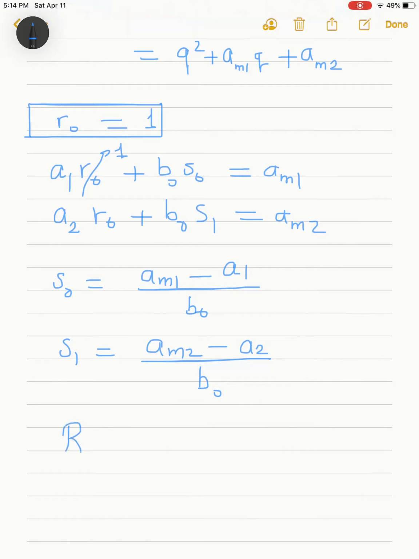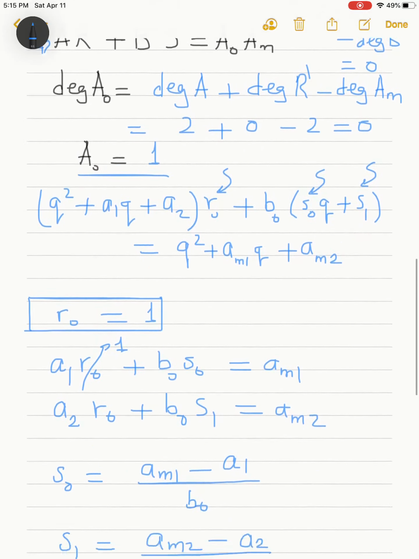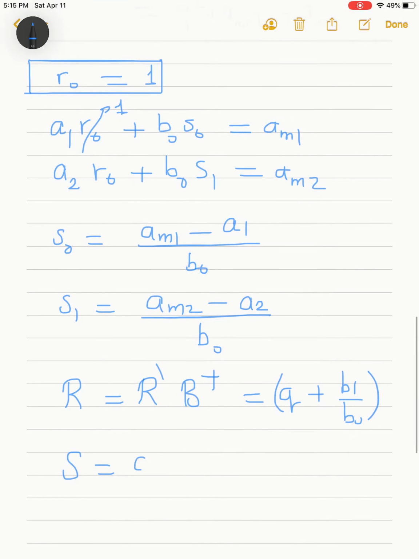We know that R is equal to R dash times B plus, so that would be equal to q plus b1 over b node, so this is R, and S would be equal to, as we have assumed it, S node q plus S1, so S is am1 minus a1 over b node times q plus am2 minus a2 over b node.